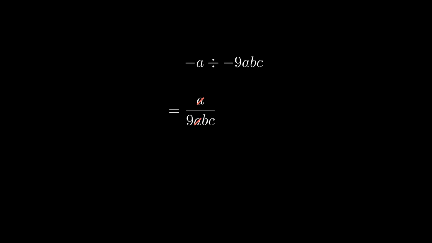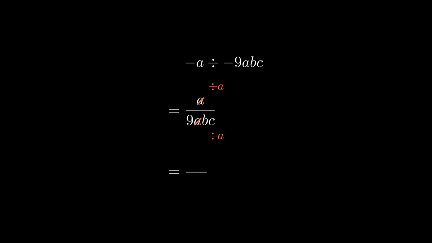And often at this point, people wonder if everything has been cancelled up top, then what do we write there? Well, remember that cancelling, or simplifying a fraction, is actually just dividing top and bottom by the same number, which in this case is the number a. And the cool thing about all non-zero numbers is that whenever you divide them by themselves, you always get the number 1.